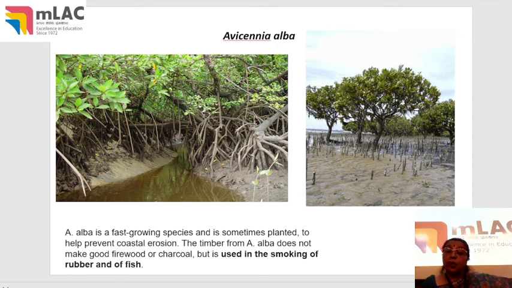Because of the high salinity of the soil and lack of oxygen in the soil, the seeds germinate on the plant itself, after which the saplings fall onto the soil and grow.